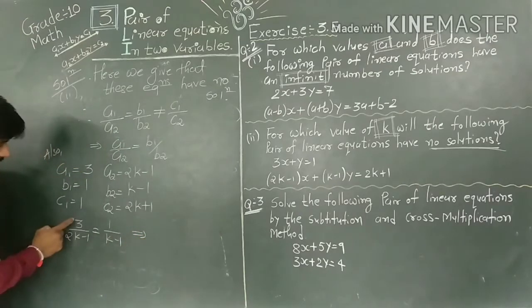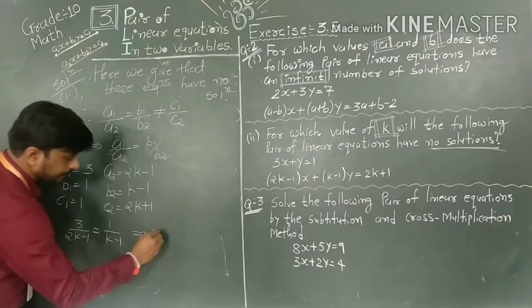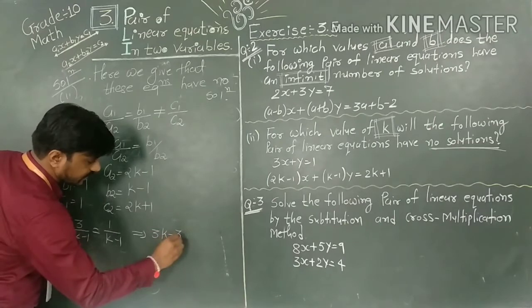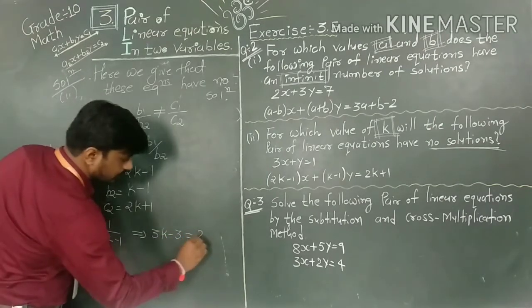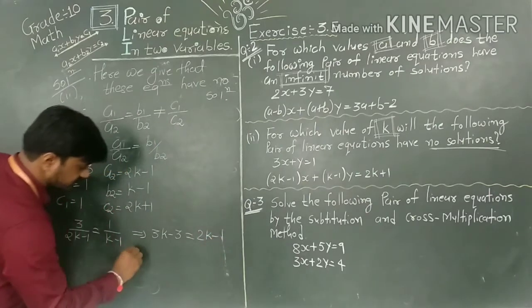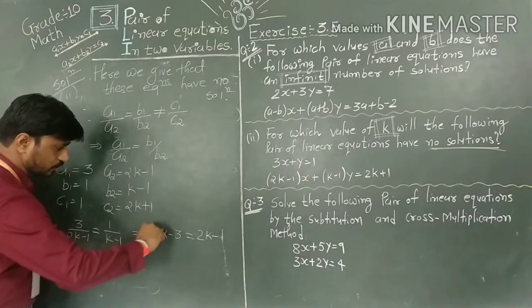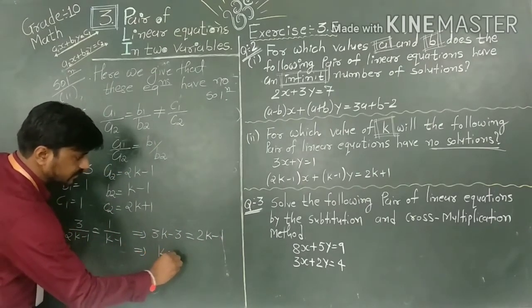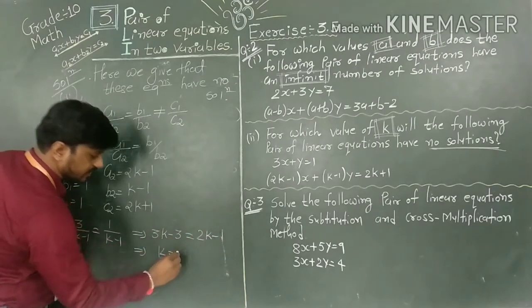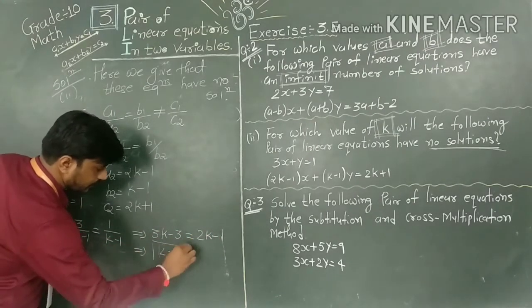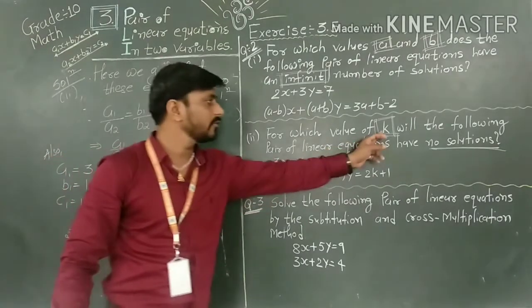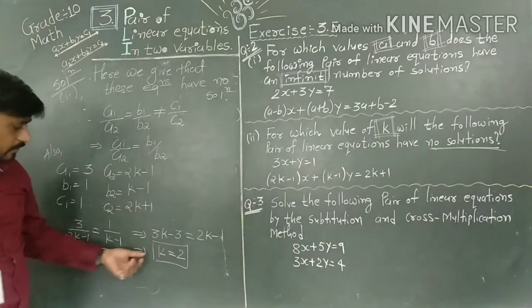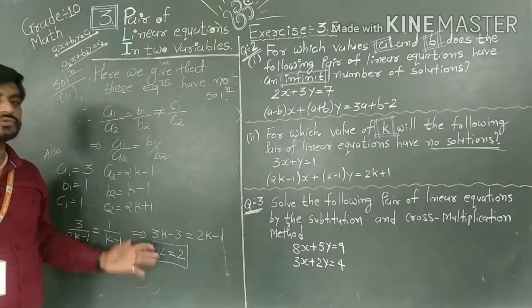Therefore, cross multiplication: 3k minus 3 is equal to 2k minus 1, that means 3k minus 2k, that means k is equal to minus 1 plus 3, that means 2. Here this is our final answer. We want to find the value of k, and hence the value of k is equal to 2.